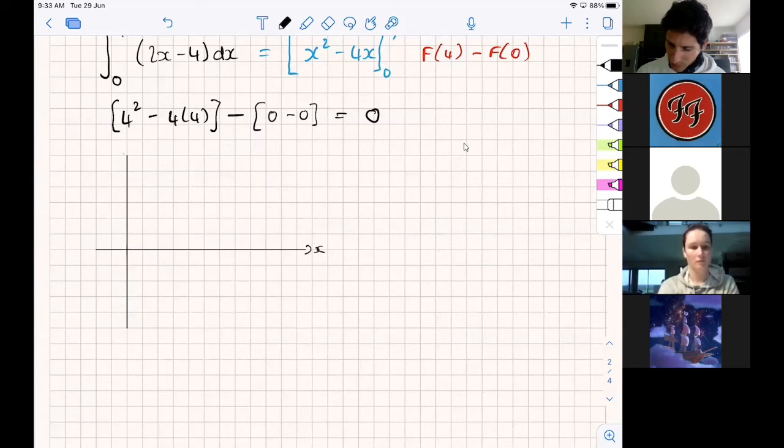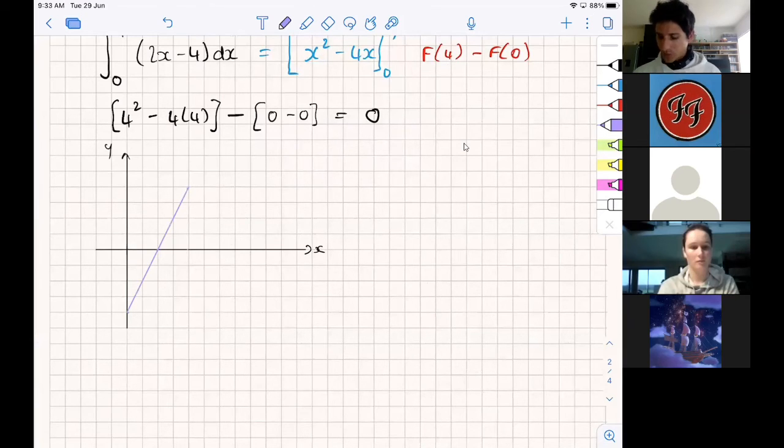Here we have x, here we have y. So I can see if I have 2x minus 4, that's going to come down here at minus 4. It's going to pass through the x-axis at 2, and it's going to come up here at 2.